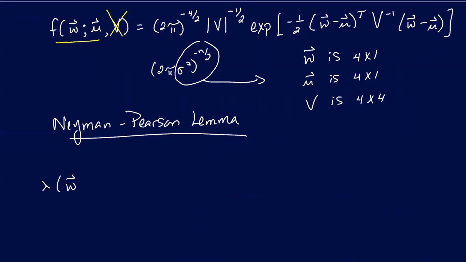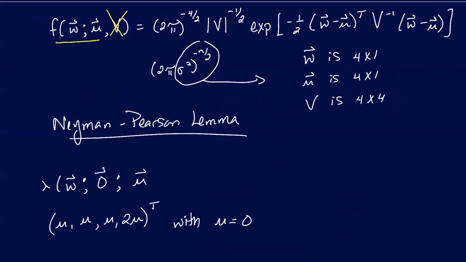You don't have to do this, but I get a lambda of W and then the 0 vector, and that is the mu, mu, mu, 2 mu transpose with mu equals 0 plugged in. And then I'm going to have a mu vector, which is going to be this mu, mu, mu, 2 mu, with mu equals mu1 plugged in. So this is supposed to be for the null hypothesis, and this is for the alternate hypothesis. I don't know, maybe you want to call that mu1 vector. We could do that.